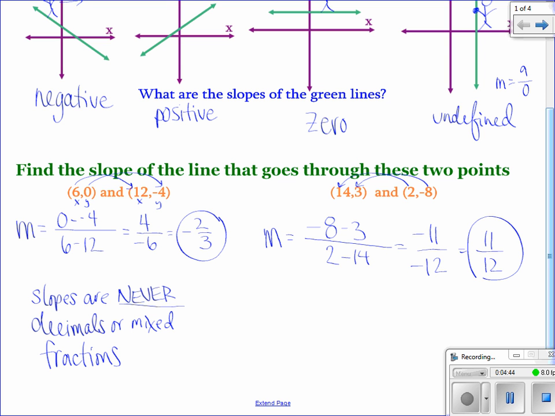So if they ask you to find the slope, that is the process to do that. All right, moving on to the next slide.